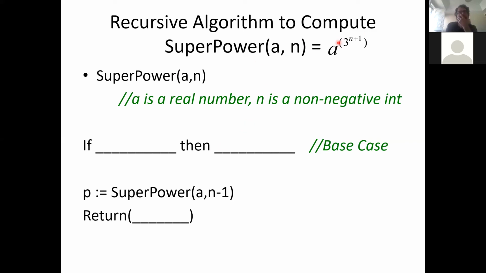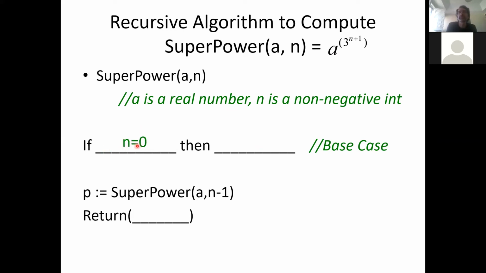The recursive algorithm has two parts. There is a base case for some initial n. In our case, this will be n equals 0, because we want to compute it for non-negative integers. So in the base case where n equals 0, we just have to compute this value directly.